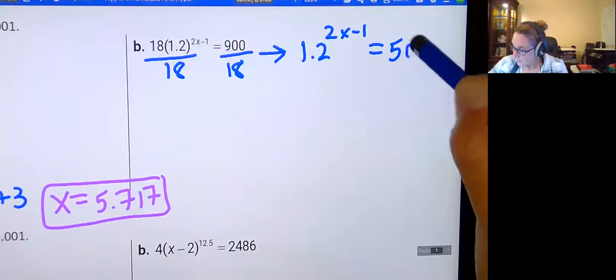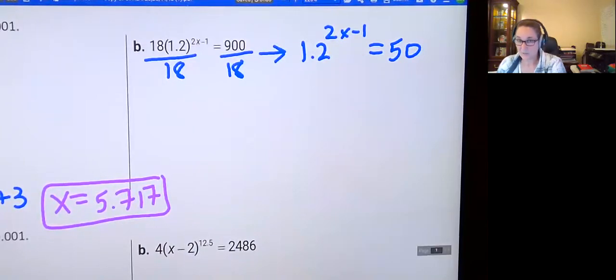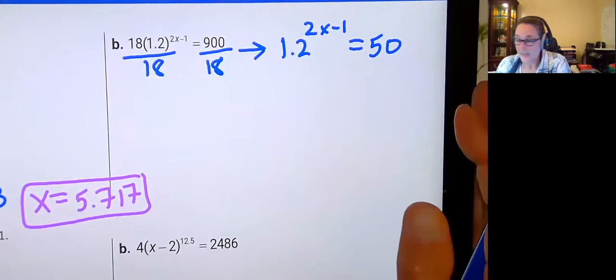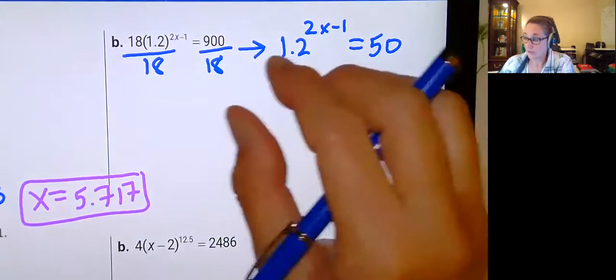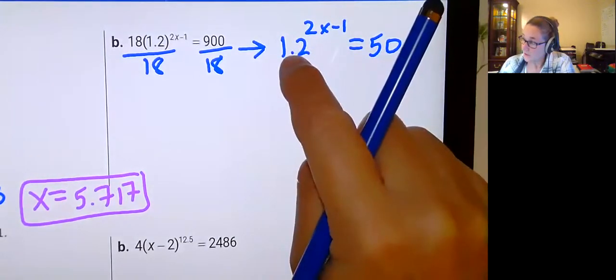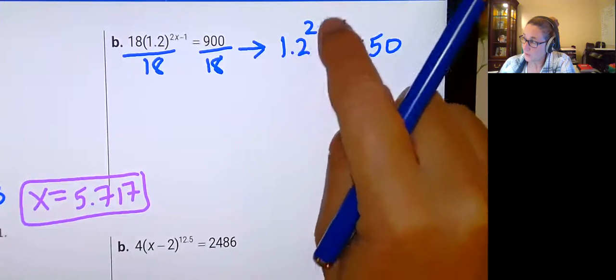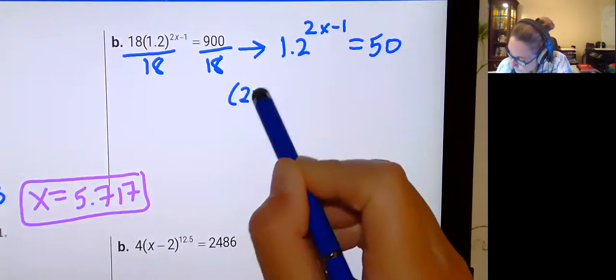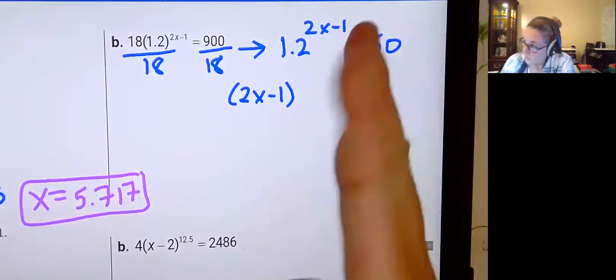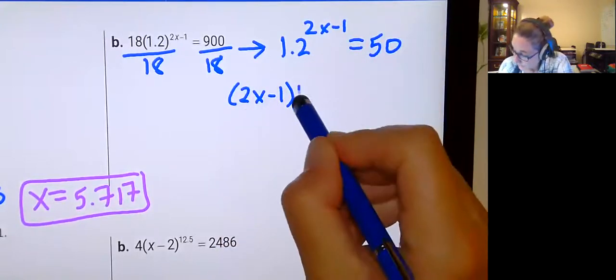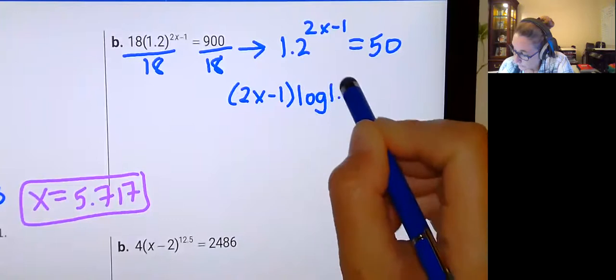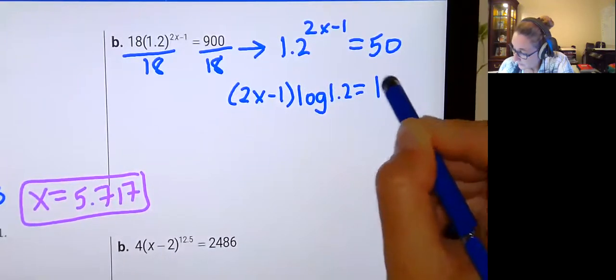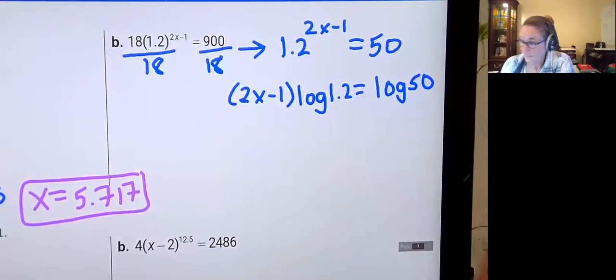Now that I have my base to a power by itself, I'm going to log both sides, log base 10 both sides. So when I log this side, the power moves in front. So I'm going to get parenthesis 2x minus 1, and I put that in parentheses because that whole thing is going to multiply with my log of 1.2. And on this side, I have log of 50.